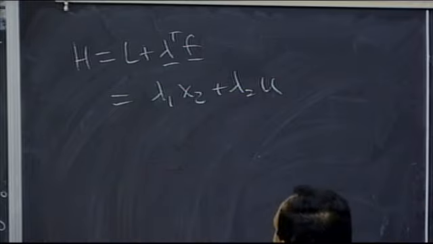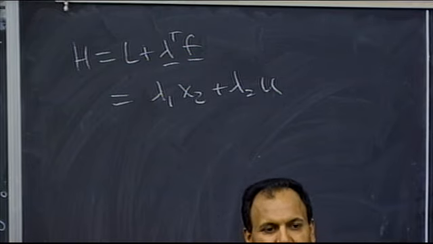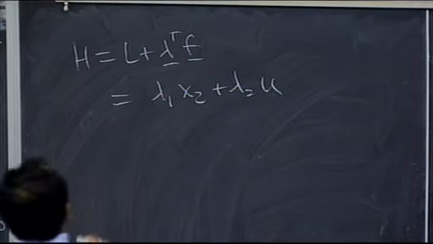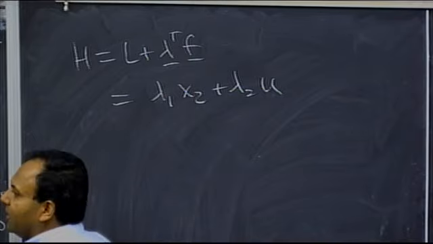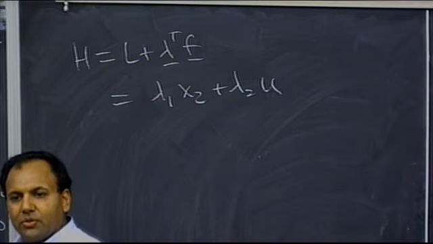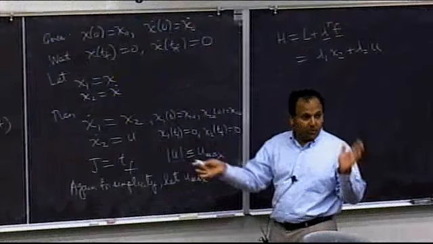Now, look what happens. This is the sort of starting point of optimal control. If you go about this naively, let's suppose we know one of the optimality conditions in the case where the optimal control lies on the interior of the allowable control set. The allowable control set is between -1 and 1 in this case.